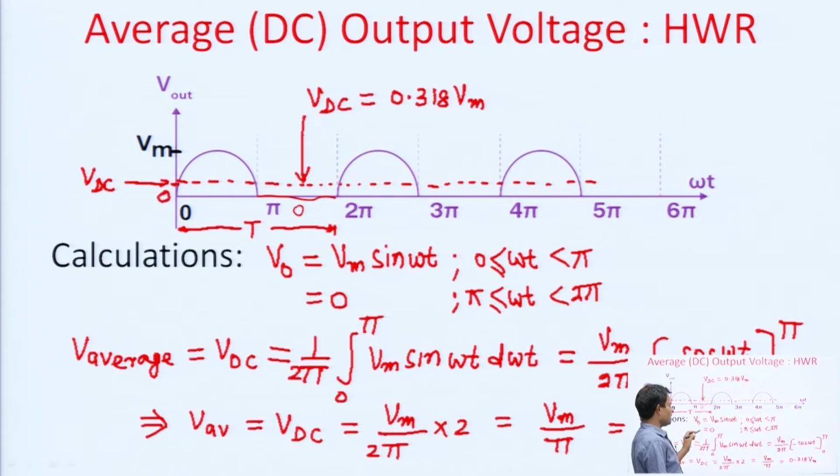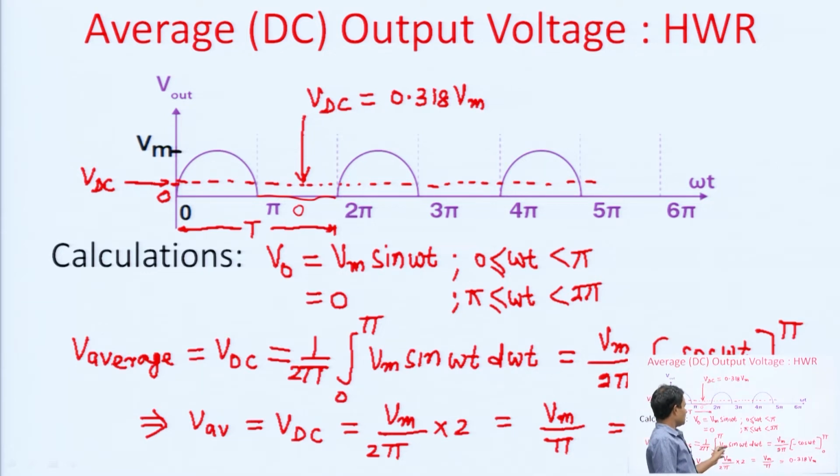Then we need to divide by 2 pi because the periodicity is 2 pi, and for 0 to pi the integrand is Vm sin omega t d omega t, and for pi to 2 pi the signal is 0, that is why we take only the limit from 0 to pi.